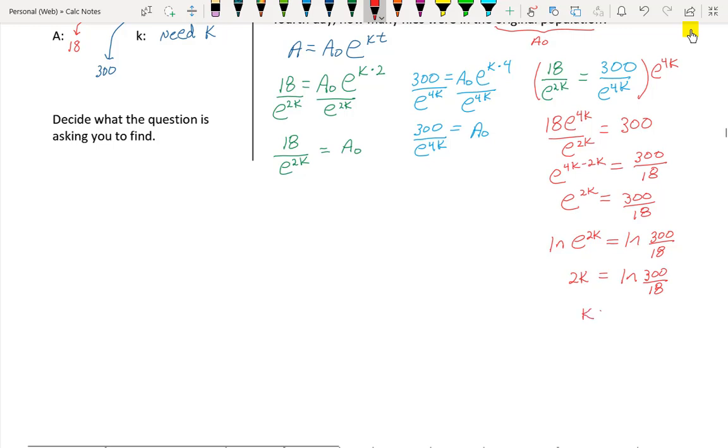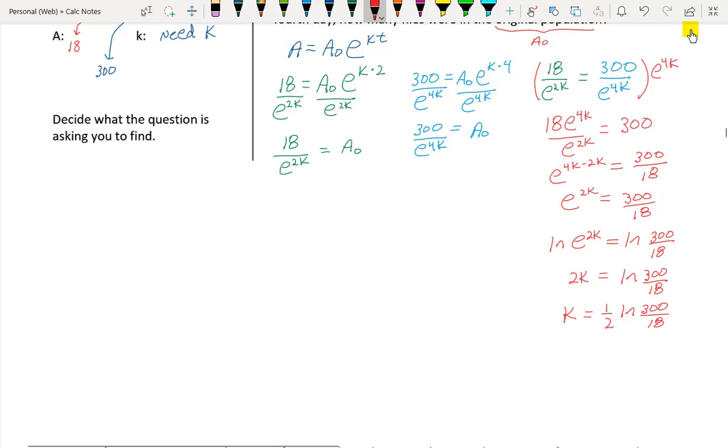So I get k equals the natural log of 300 divided by 18, divided by 2, or I can just say 1/2 in front of the log. So that's another option if you'd rather not mess with complex fractions there.